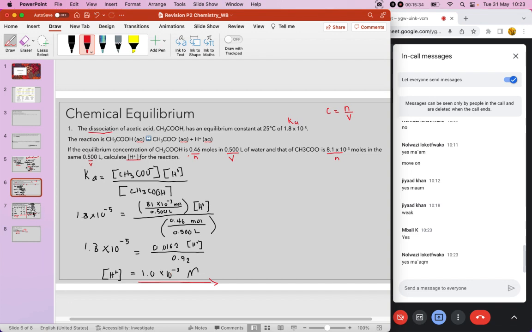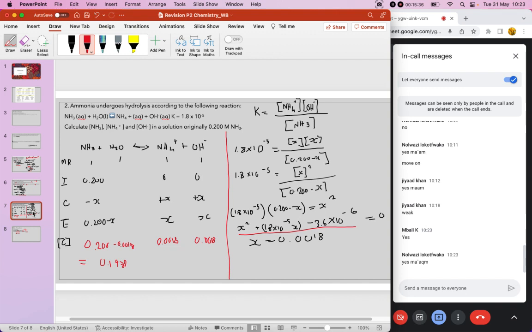Okay, now let's move on to the next question. This is still an equilibrium question as well. It says ammonia undergoes hydrolysis according to the following reaction.